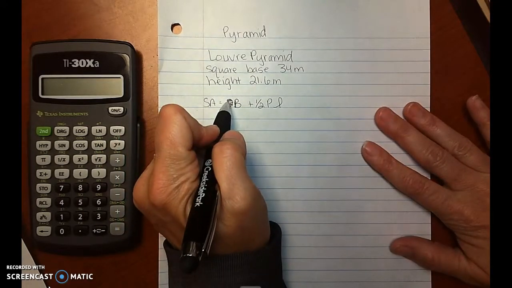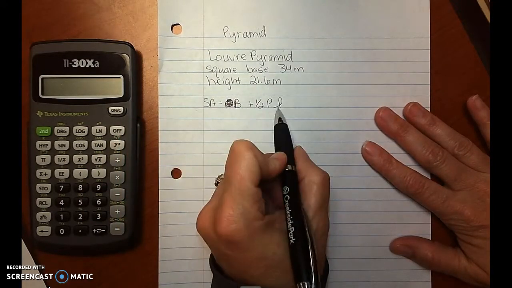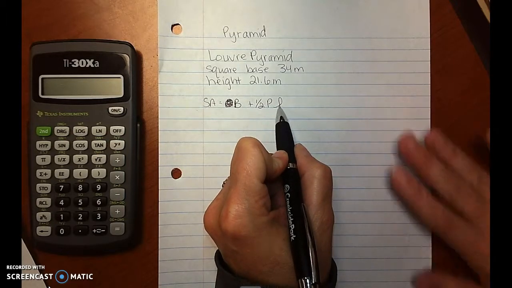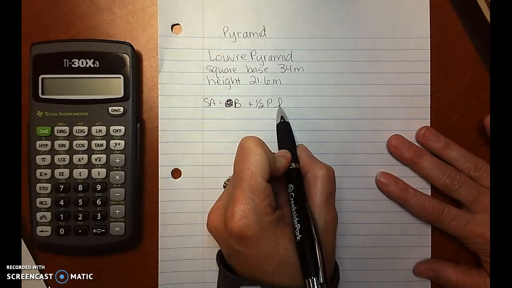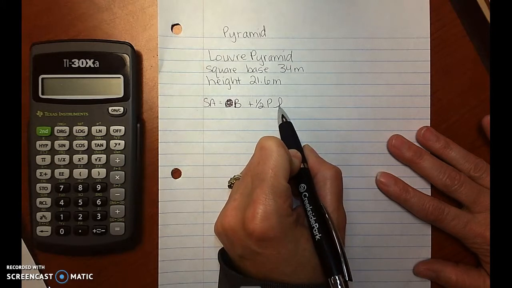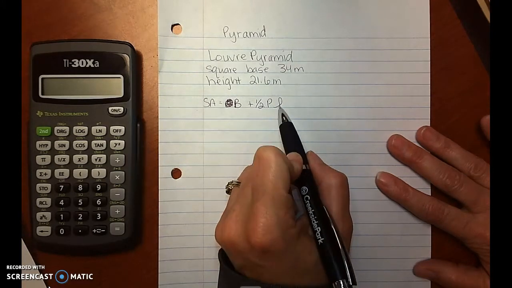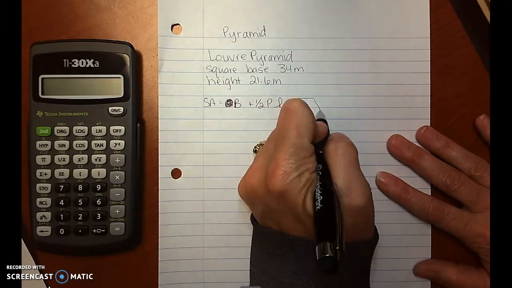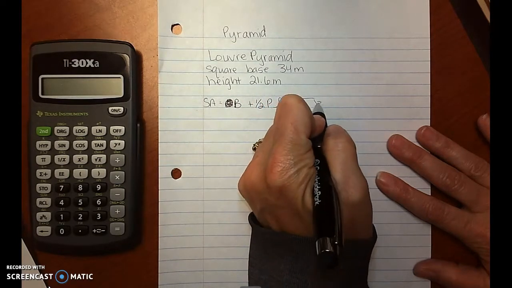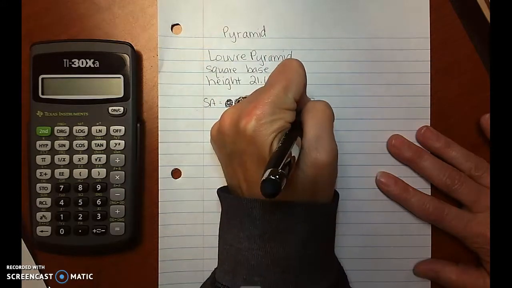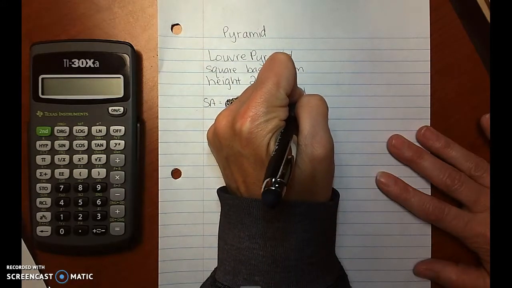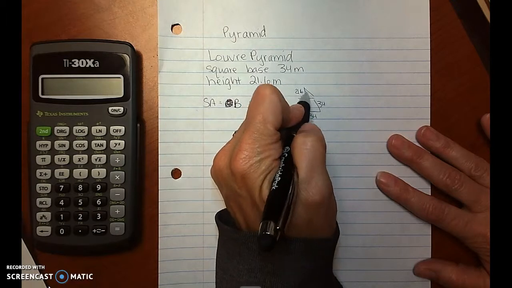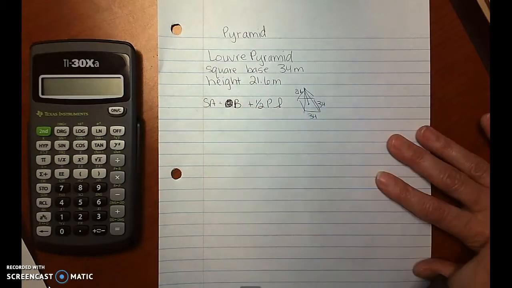And before we can continue our problem, we have to calculate the slant height. So the slant height is going to be calculated by Pythagorean theorem. If I draw a sketch of my base, this is 34, this is 34, and my height would come up to 21.6, and then that would connect all the sides for my pyramid.